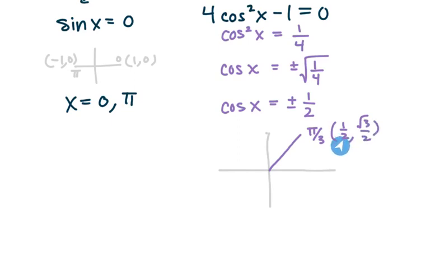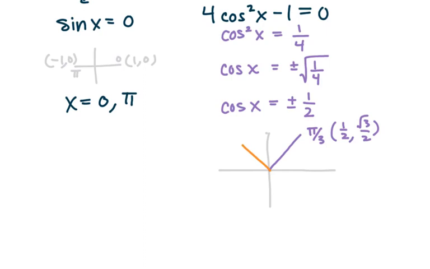So cosine is equal to positive 1/2 at pi over 3. We're also going to get a positive 1/2 at 5 pi over 3, coming all the way around to quadrant 4. And then cosine is negative in both quadrants 2 and quadrant 3.